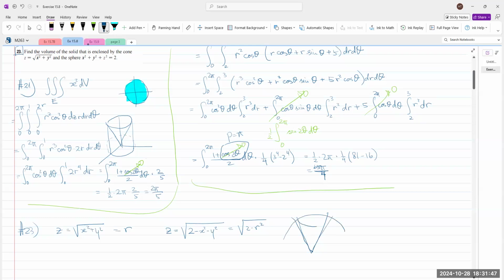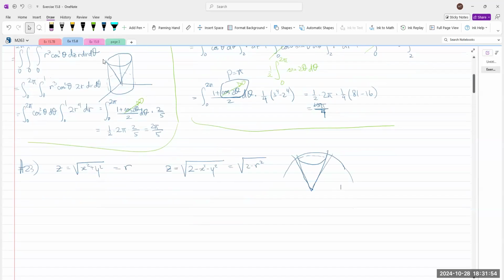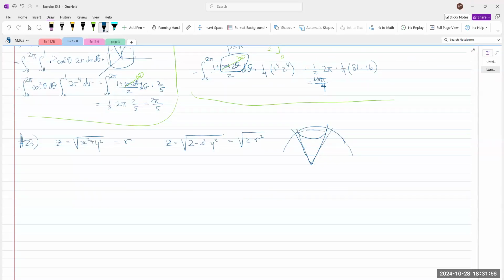So it looks like an ice cream thingy, right? Okay, where do they intersect? First of all, they intersect at z equals r equals the square root of 2 minus r squared. Square both sides. So 2r squared equals 2, so r equals plus or minus 1, but because we use the radius, r is 1. So the domain will be a disk with radius 1.